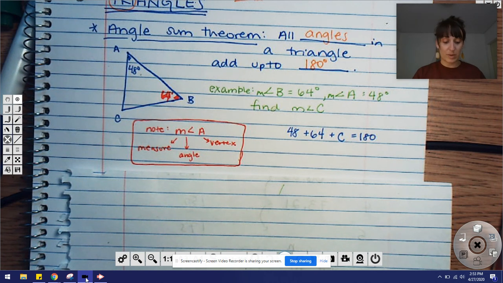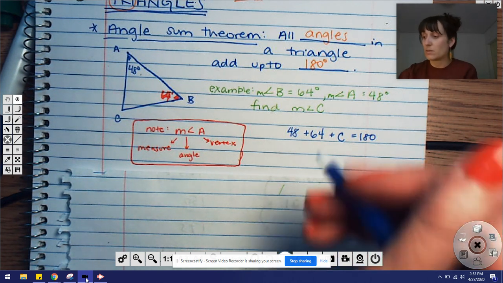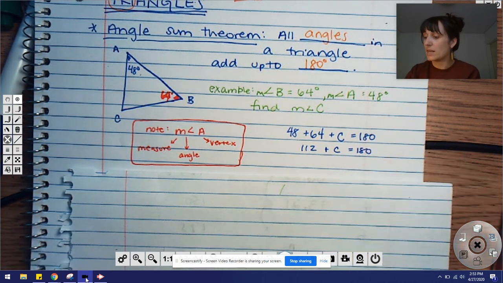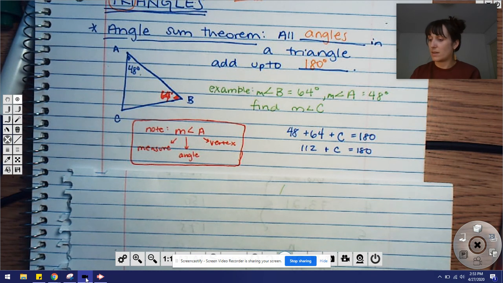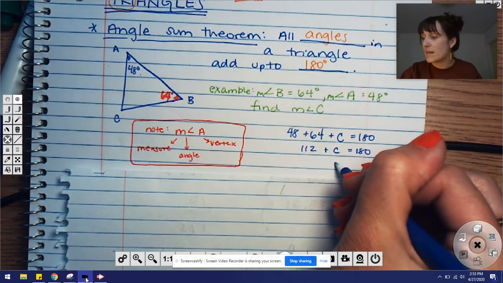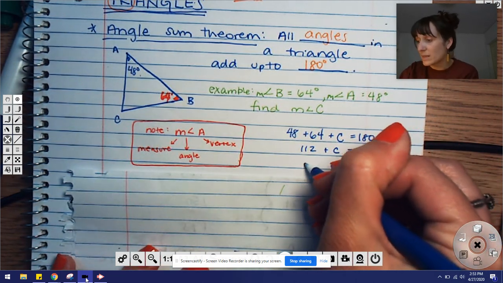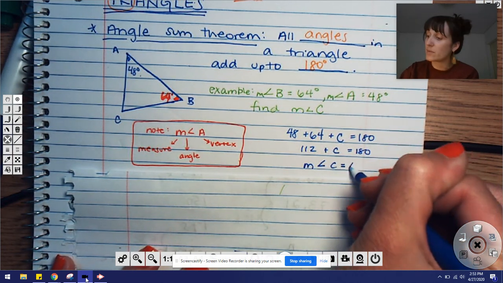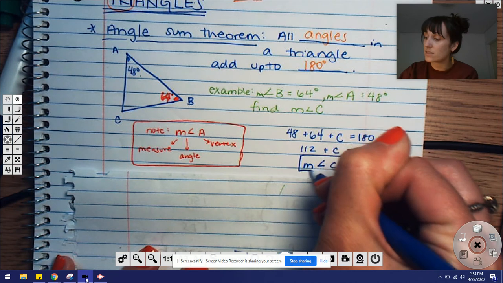I can now combine like terms. 112 plus C equals 180. I subtract 112 from both sides. That means, in proper notation, the measure of angle C is going to be 68 degrees.